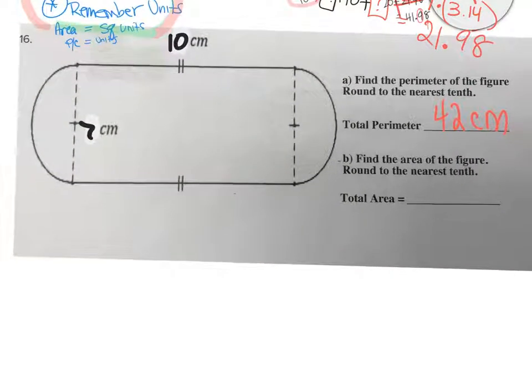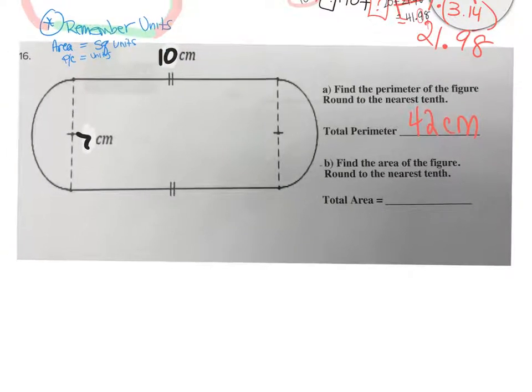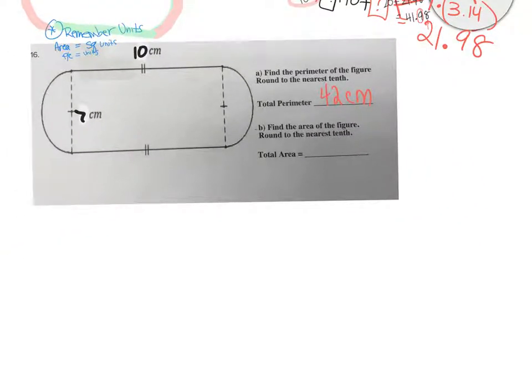The area, similarly, is made up of the area of the rectangle plus the area of the circle. So the area of the rectangle plus the area of a full circle.